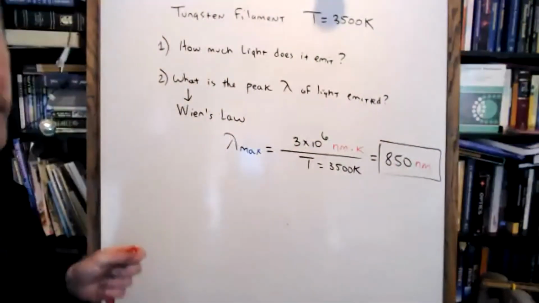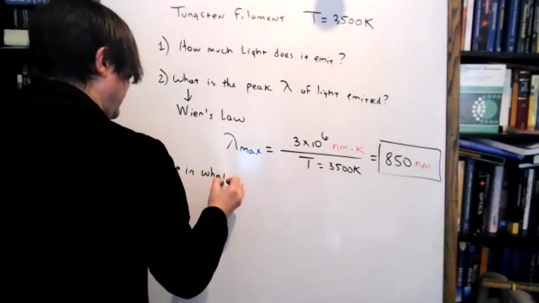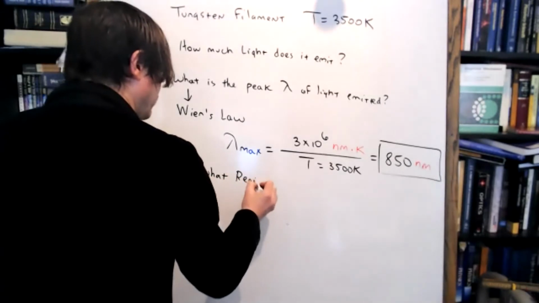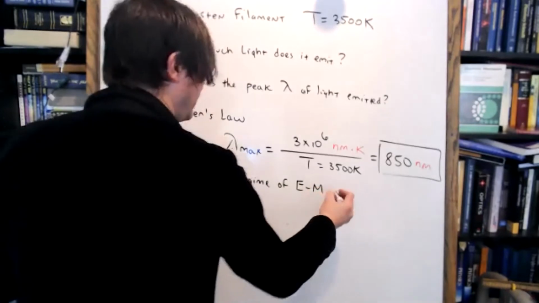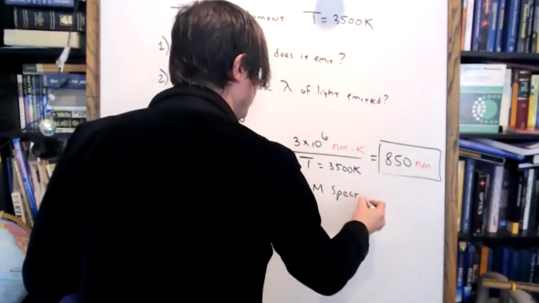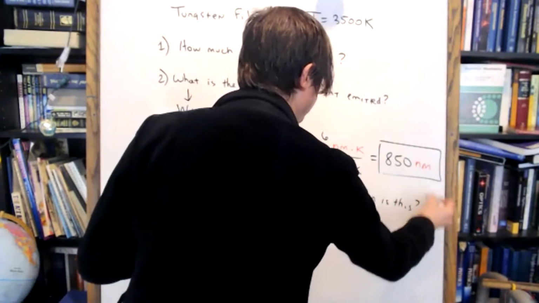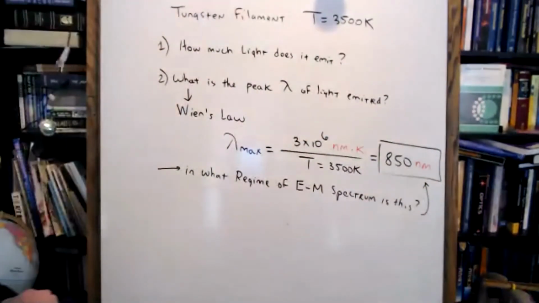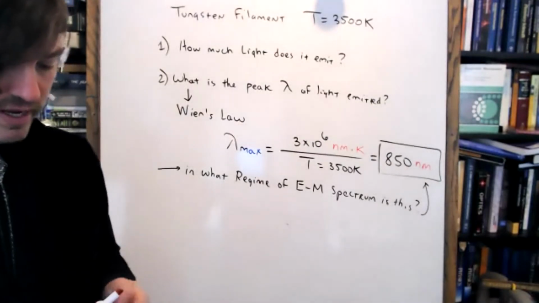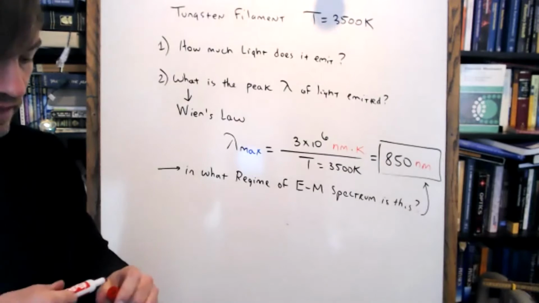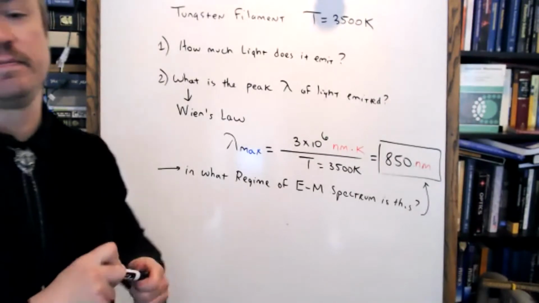Once you calculate the peak wavelength, I'm going to ask the question, in what regime of the electromagnetic spectrum is this light found? Can you guys answer that question? In what regime of the electromagnetic spectrum is this light found?